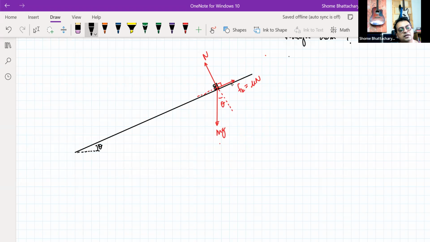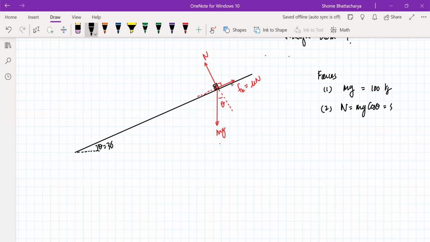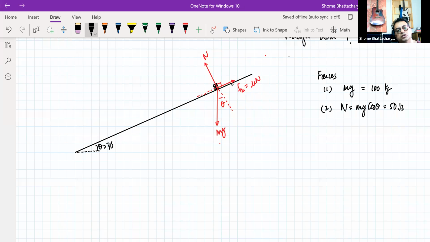So the forces acting are 3 in number. Mg, which is of magnitude, how much? 100 newtons. Okay. Normal reaction, which is of magnitude mg cos theta. So 50 root 3 newtons here.